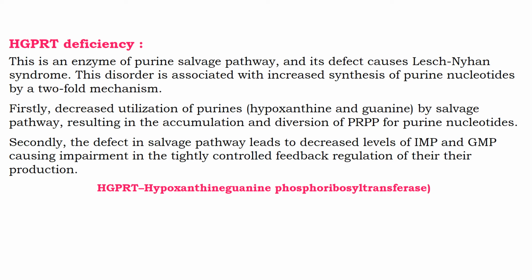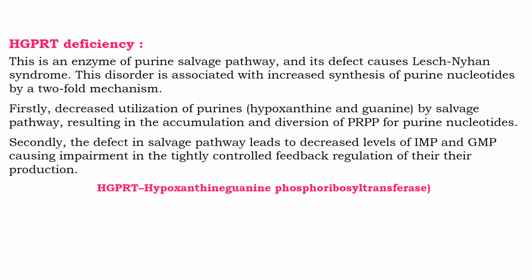This is an enzyme of the purine salvage pathway, and its deficiency will cause Lesch-Nyhan syndrome, as we have been discussing. This disorder is associated with the increased synthesis of purine nucleotides by a twofold mechanism. If there is no HGPRT enzyme, then definitely we are going to increase the concentration of purines.